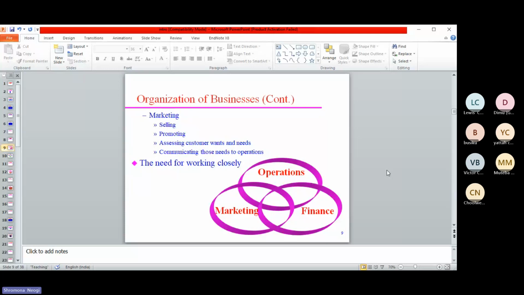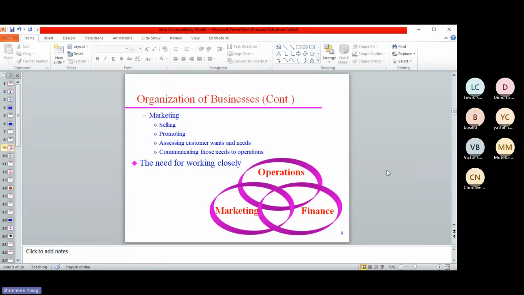When we talk about marketing, we are assessing customer wants and needs as well, right? Let's take an example that will be easy. Suppose I am producing bags, just a random example. Suppose I am producing handbags, right? Now, I have to keep in mind what kind of handbags would be really good to sell to my target audience. What would they prefer? What kind of packaging? Or forget about packaging, let's come to utility.